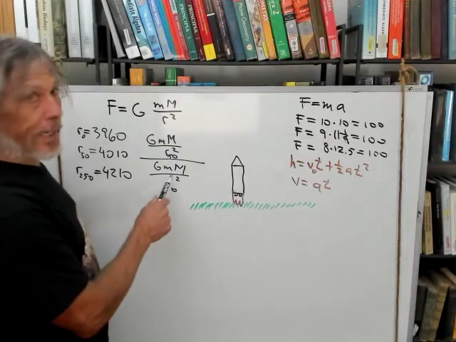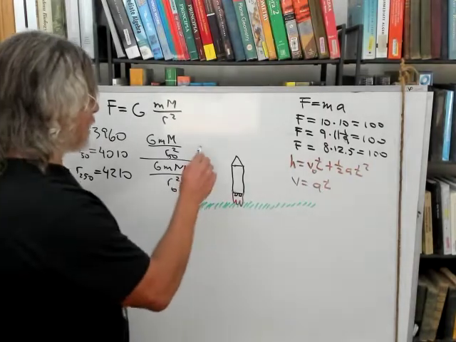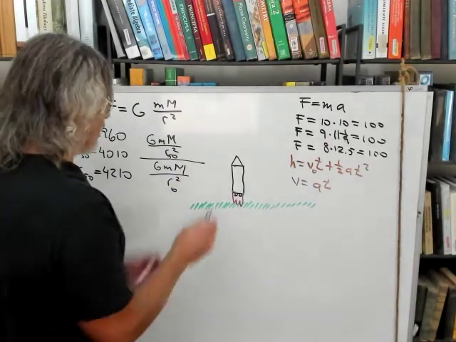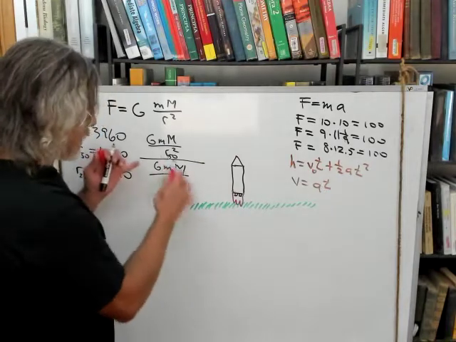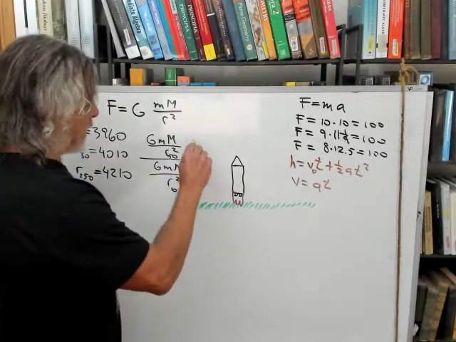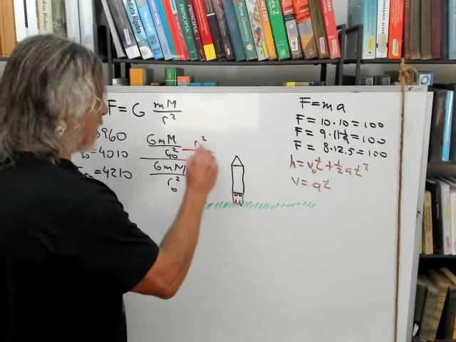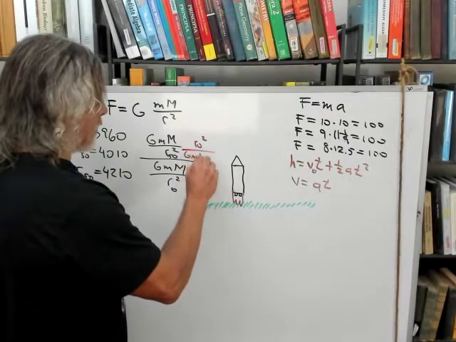When we're dividing by a fraction, we flip and multiply. So dividing by this fraction, we flip it and multiply.